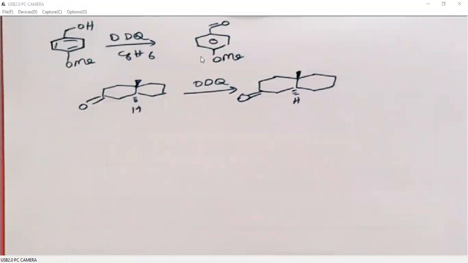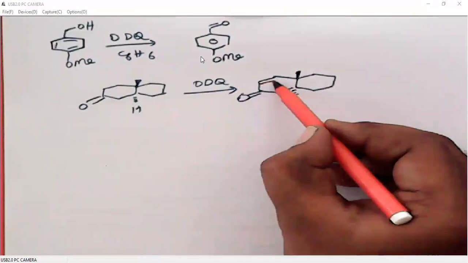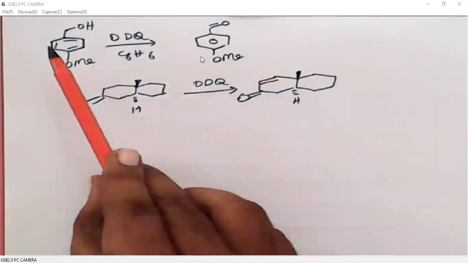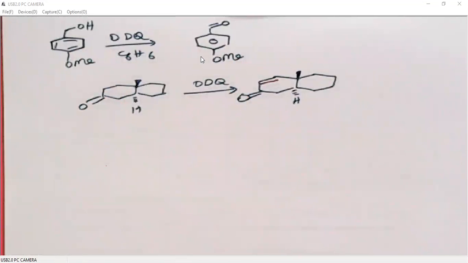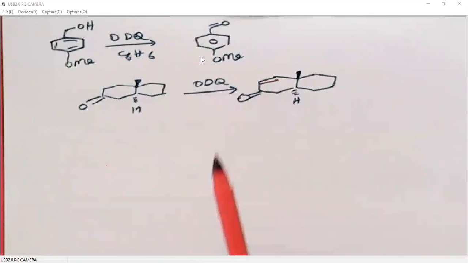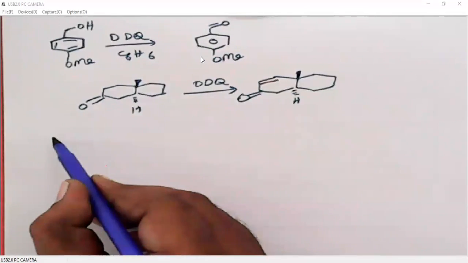So with DDQ oxidations, we can generate aromatic systems if it needs one or two double bonds. We can generate carbonyl compounds if it is some stable alcohol. We can generate alpha beta unsaturation if there is an aldehyde or ketone in the group. We can also have rearranged products.